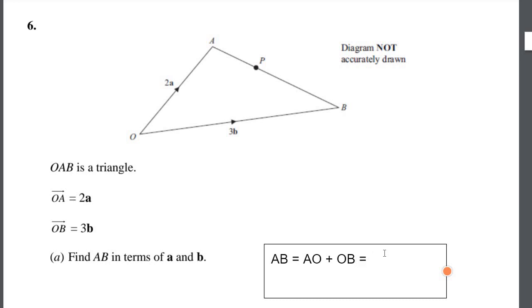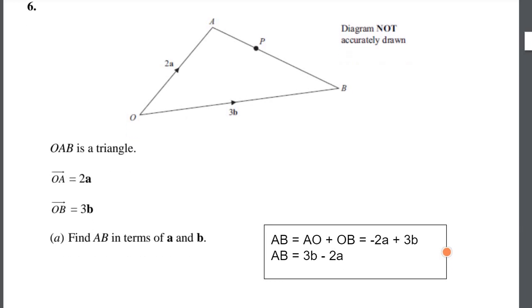And so we have OA. Now OA is twice A, 2A, but we need AO. So that is in the opposite direction. So AO must be negative 2A. Plus OB. OB is 3B. So we could write AB as 3B minus 2A.